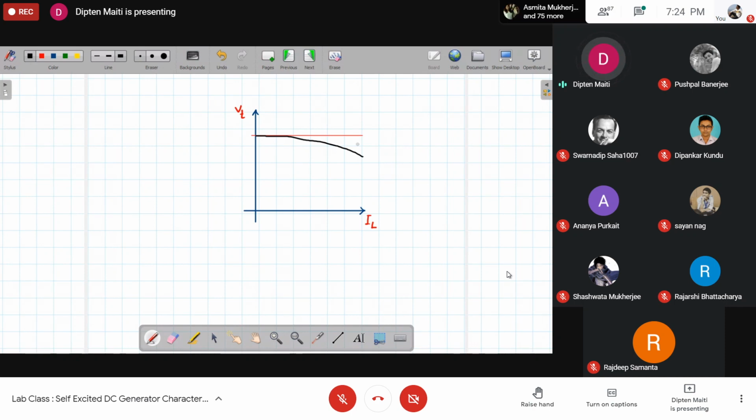Once the field current reduces, the no load voltage, which we earlier considered constant, also reduces, and the induced voltage and the terminal voltage reduce further. This way, you reach a point beyond which the shunt generator cannot be loaded further, and if you try to load it, the terminal voltage would come to zero at a certain point of the load.